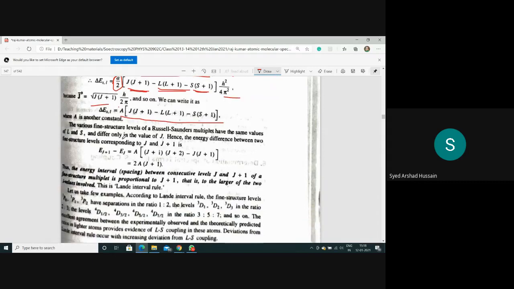Okay. So now if you have a fine structure system, then the separation between two lines is characterized by your J and then J plus 1, because fine structure is dependent on J. That means L and S are the same for all these fine structure levels; before and after spin-orbit interaction, the only separation is due to the interaction between L and S, which gives a resultant J. So it is totally dependent on J. So let's see the difference or separation between two J levels.